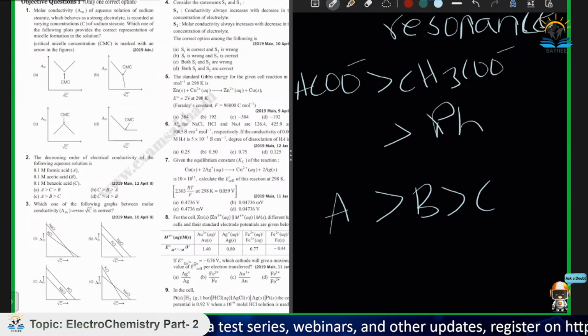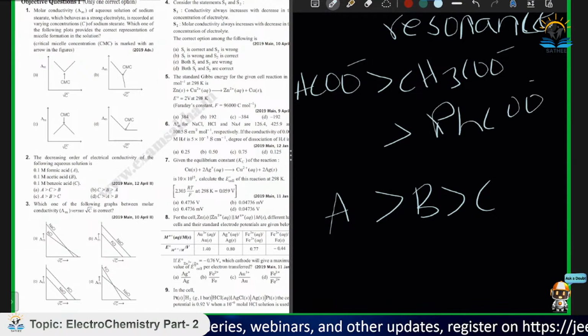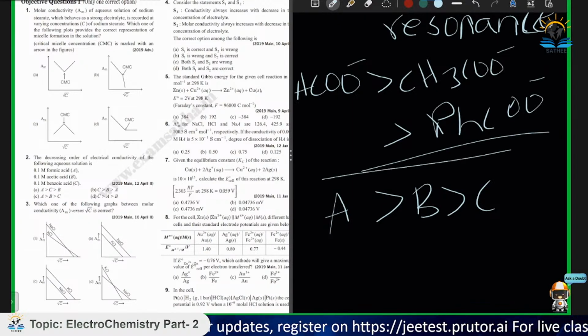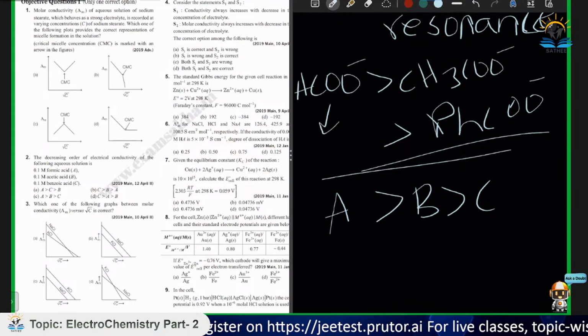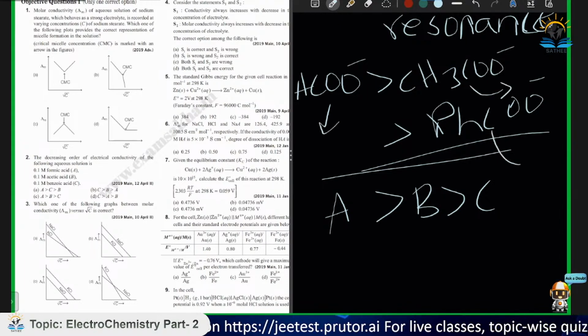You will have minus I, but cross resonance disturbs the resonance of the COO minus ion. Please remember this or understand this: equivalent resonance, no resonance, cross resonance. So this thing is disrupted.